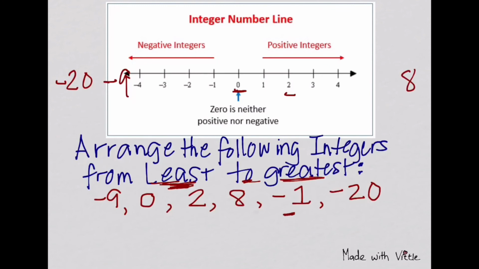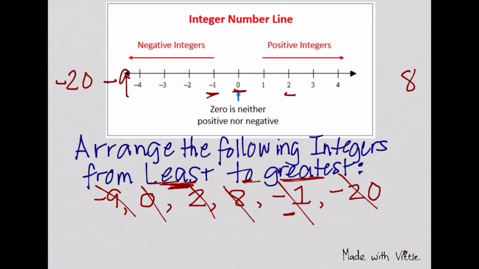And there's the negative 1. So I've already listed all my numbers: negative 20, negative 9, 0, 2, 8, and negative 1. It is important that you cancel out the numbers you've already written down, so you're not going to leave out any numbers, especially if you have a long list.